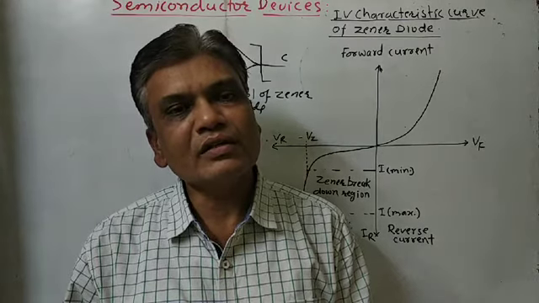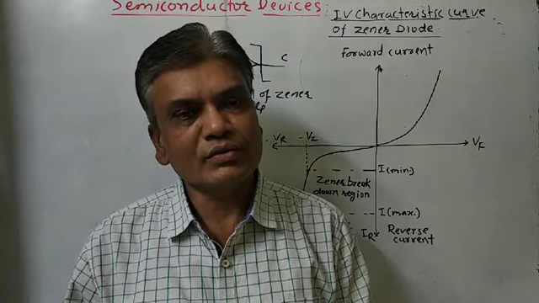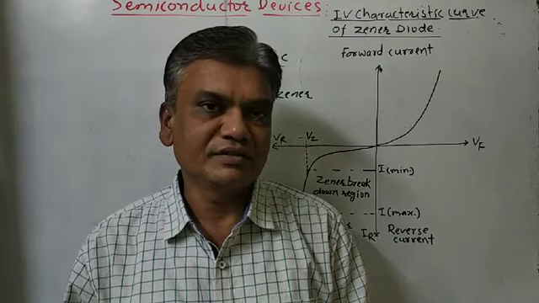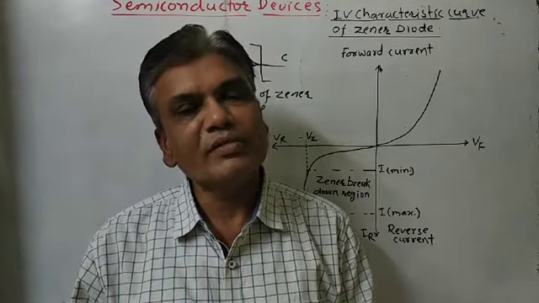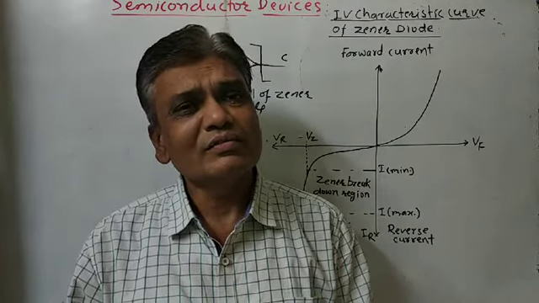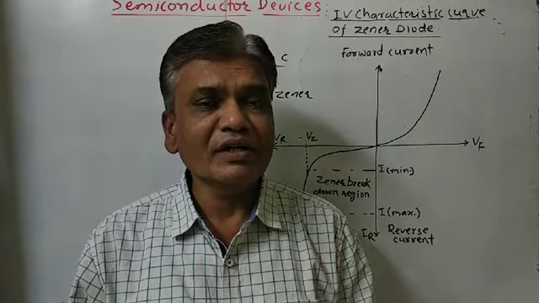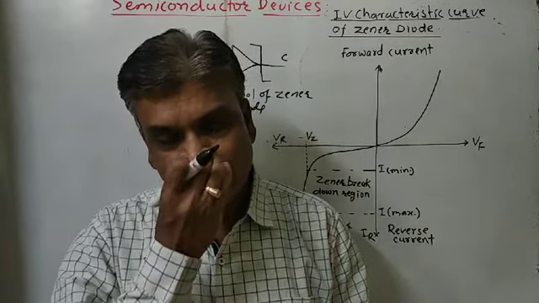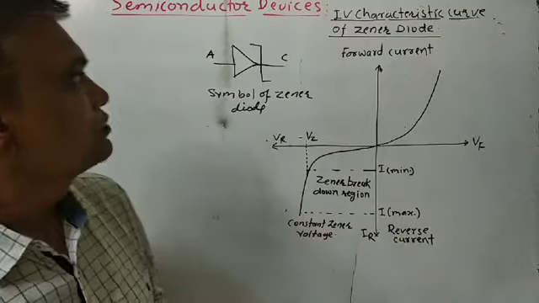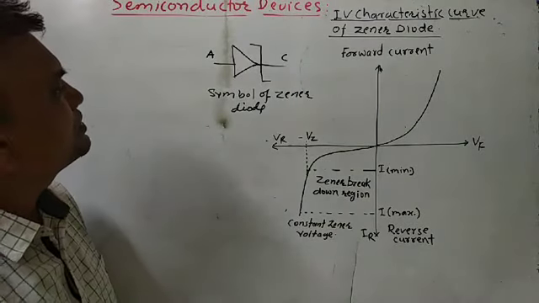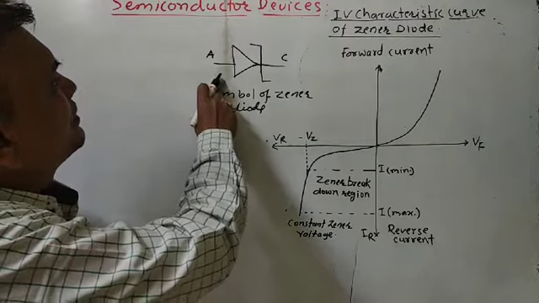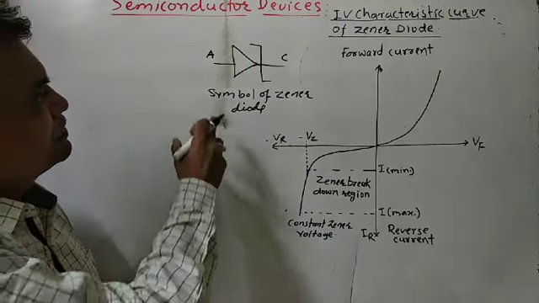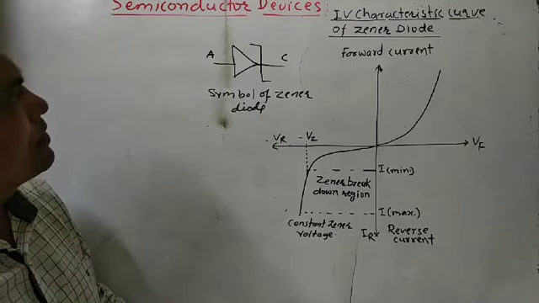A Zener diode is a PN junction diode designed to work in the breakdown region, the reverse voltage breakdown region. The symbol of the Zener diode is like this: this is the anode and this is the cathode.